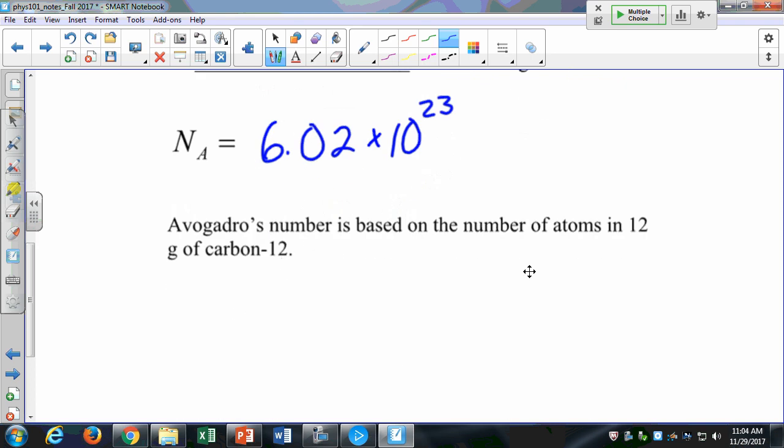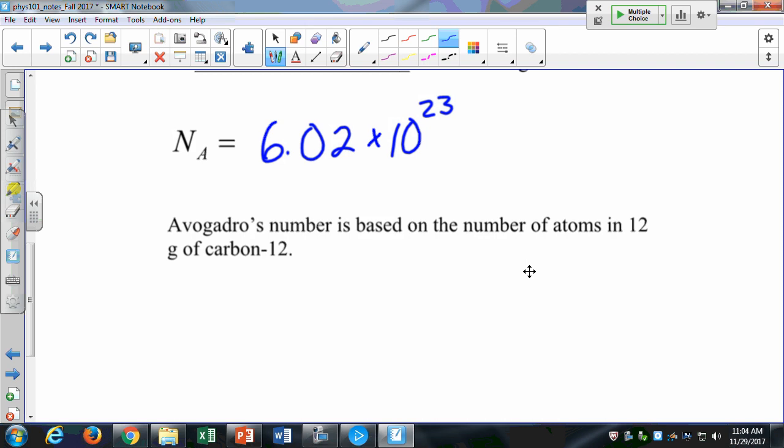This is based on the number of atoms in 12 grams of carbon-12. You don't need to know that, but that's where that number comes from. A mole is a mole is a mole. So any mole of any substance will have this number of molecules, atoms, or particles. If we had a mole of students, for example, would they fit in this room? I bet we could get them in this room.